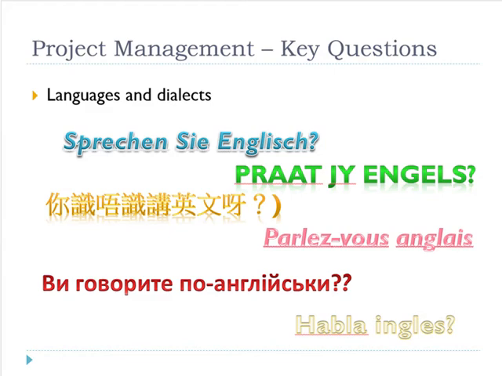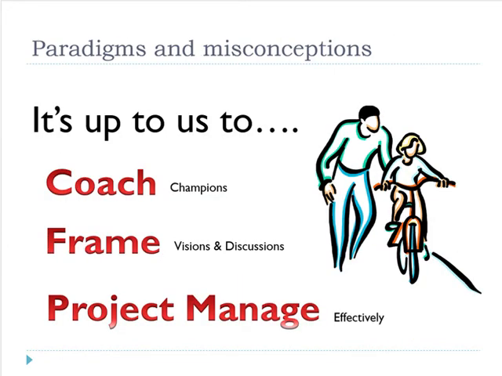The bottom line here, just to wrap up, as we transform a course out of an instructor-led environment into an e-learning deployment, it's up to us as the instructional designers to coach our champions and our SMEs to successfully frame their visions, their expectations, and the discussions that help evaluate that, and design our courseware so that we project manage it effectively into a successful outcome that accomplishes the business and the training objectives and not just another train wreck.